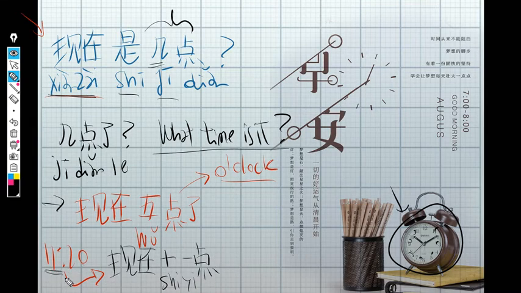So 现在11点20分. So you go first the time, the hour, and then you go the minutes.